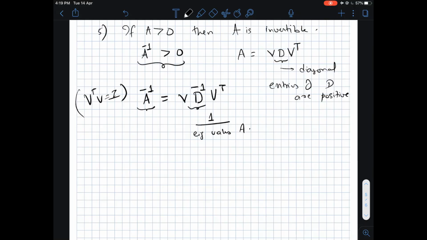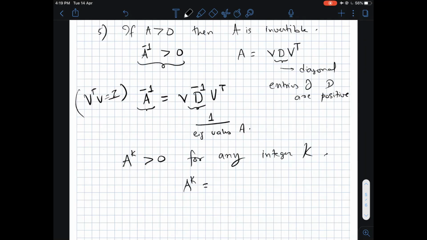Okay. Once again, this is a lot like how positive numbers behave. If you have a positive number and if you take its reciprocal, you still get a positive number, right? This is a property very similar to that. Well, you can also write, for example, A to the k is positive for any integer k.